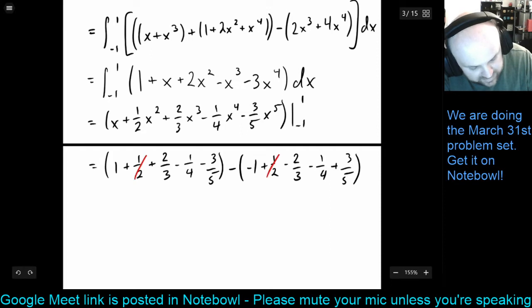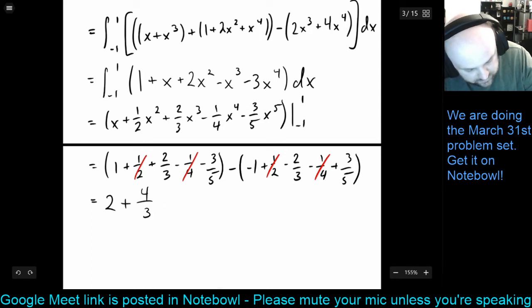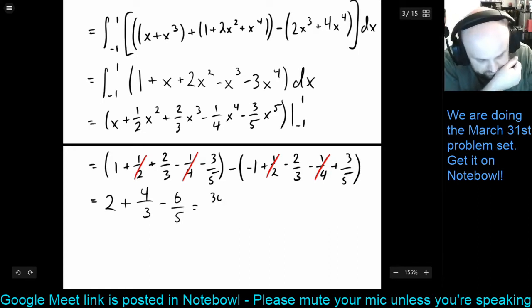So that cancels and those cancel. So this is going to be 2 plus 4/3 minus 6/5. It's 30 plus 20 minus 18 over 15, so 32 over 15.